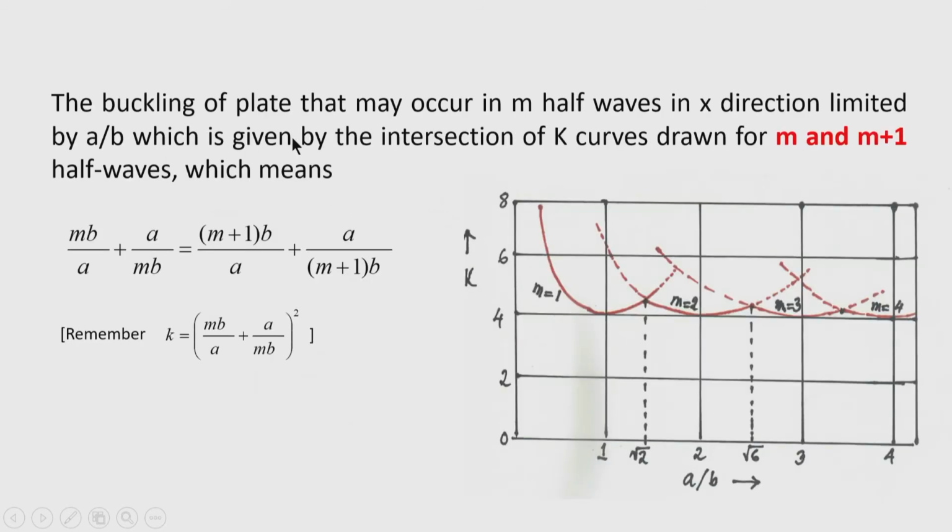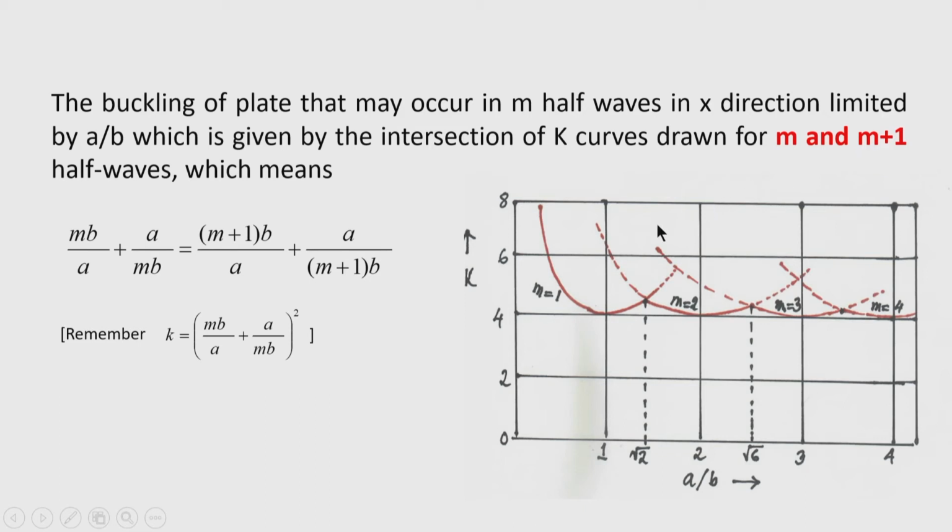Now, the buckling of the plate that may occur in m half waves in x direction is limited by a/b, which is given by the intersection of k curves. These are the k curves. Okay. These are the curves for buckling coefficient k, drawn for m and m plus 1.